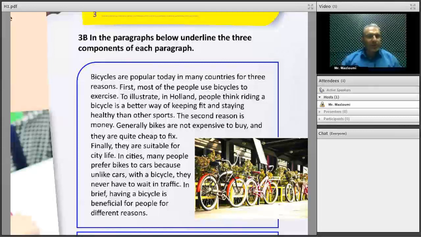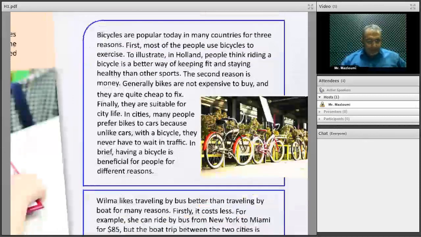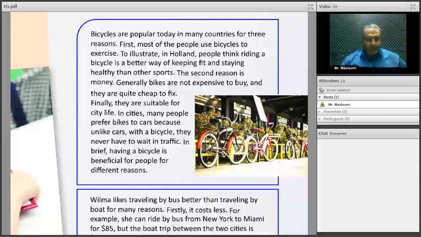Let's just review: topic sentence, supporting ideas, and concluding ideas. Okay. So this is our paragraph. Bicycles are popular today in many countries for three reasons. This is the topic sentence.